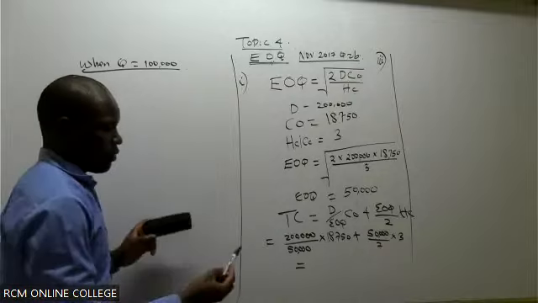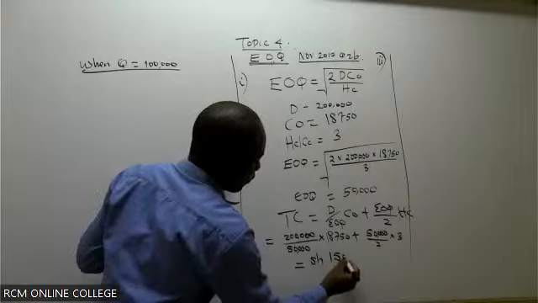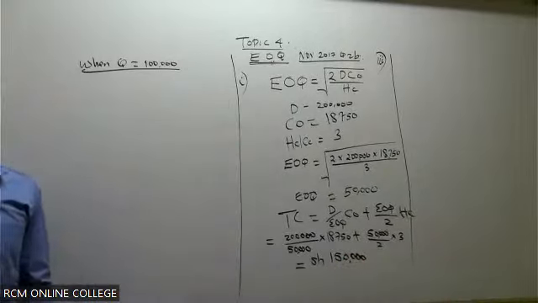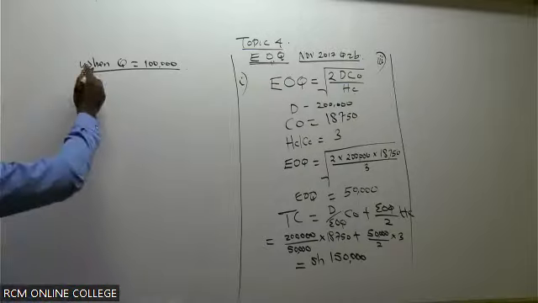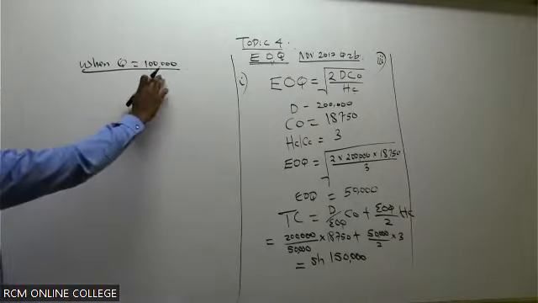Okay, I'm getting the total cost incurred there as shillings 150,000. So let's do the same now that the economic order quantity has been changed to 100,000 units.